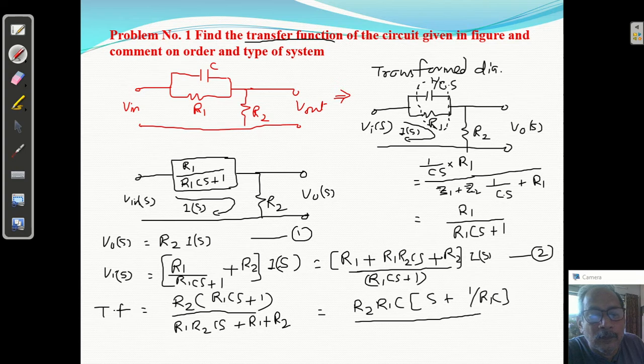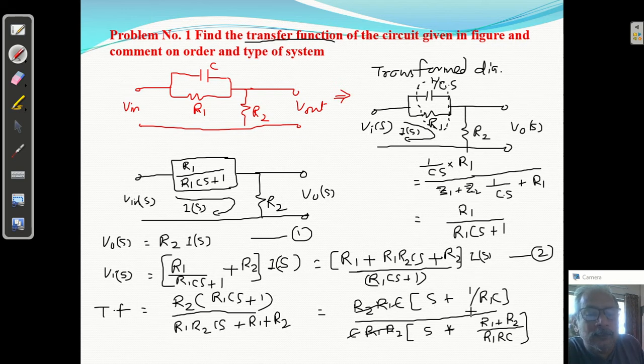And in the denominator we take R1 R2 common, and C common, so you will get S plus R1 plus R2 upon R1 R2 C. So this R1 R2 will be cancelled, C will be cancelled.